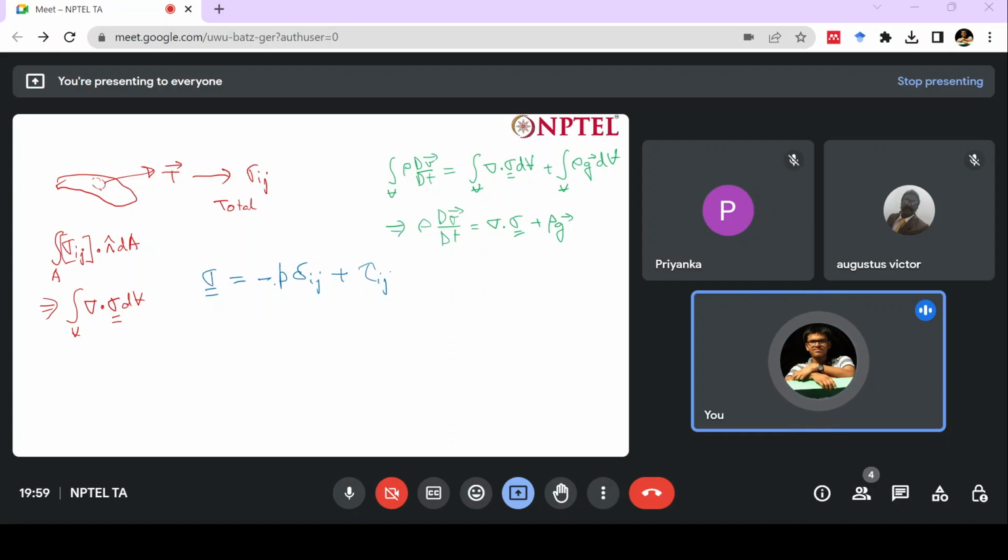What is mechanical pressure? It is simply the stress over the three directions. This is a second order tensor, right? If I expand it into a matrix, the diagonal terms are sigma 1 1, sigma 2 2, sigma 3 3. If we add them up and divide by 3, that is my mechanical pressure. So this is basically the average of the normal stresses acting.